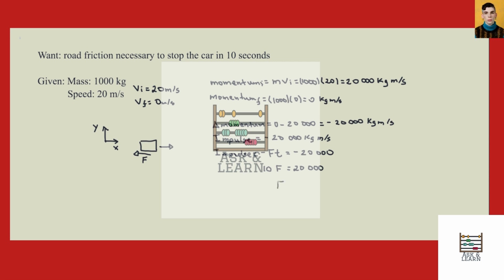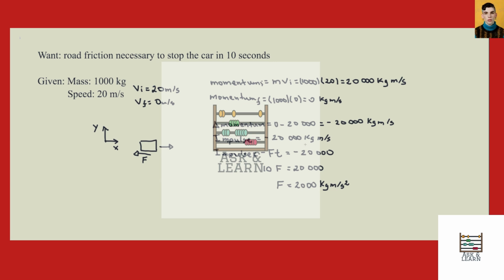We just pass the 10 to the other side, and we get that F is going to be equal to 2,000 kilograms meters per second squared, since we had seconds over here and then we passed it down dividing it, so seconds squared.